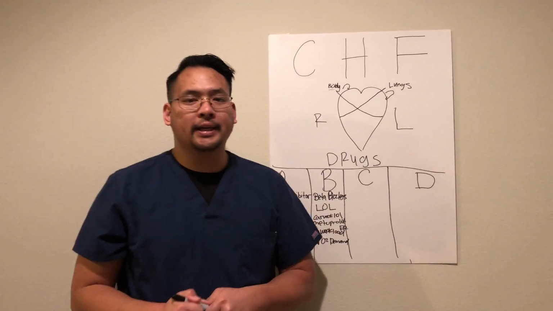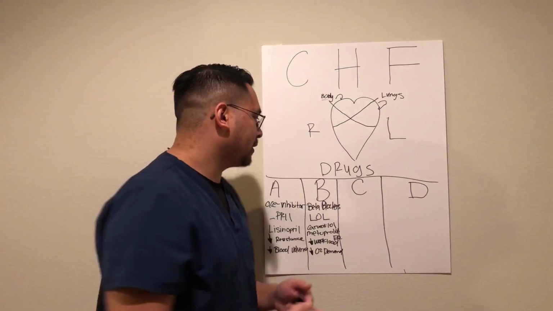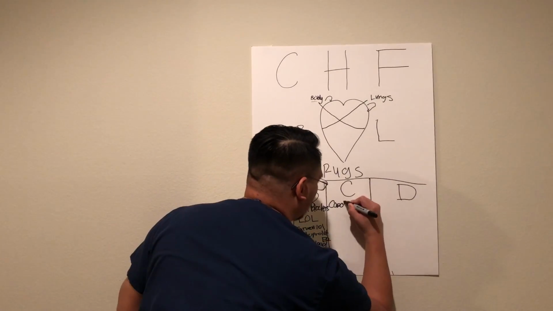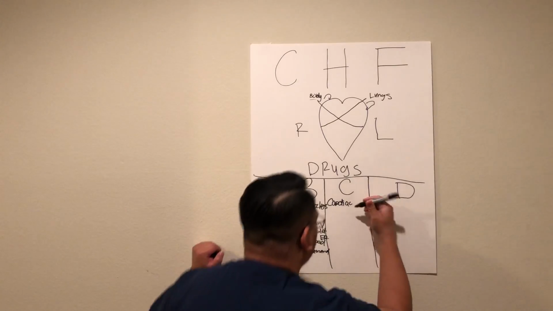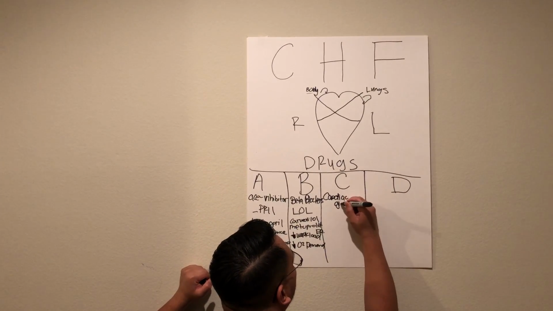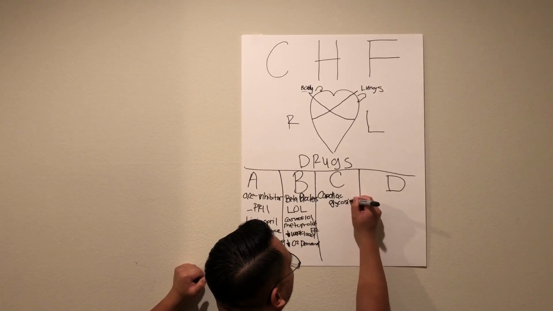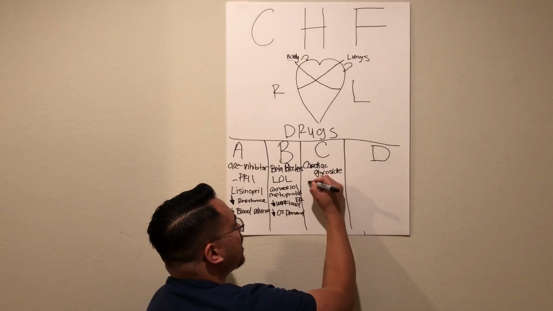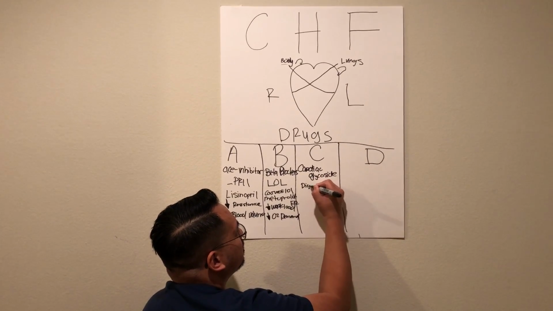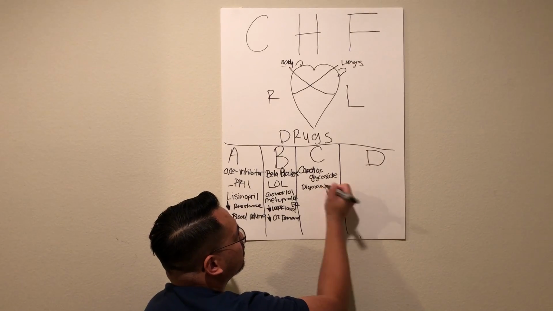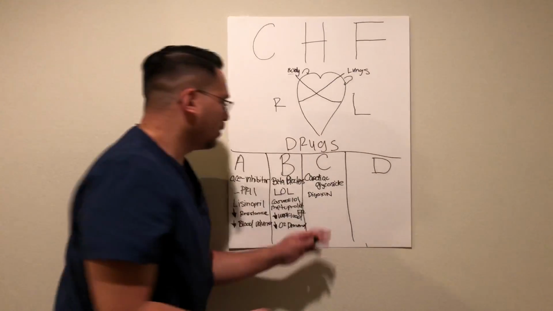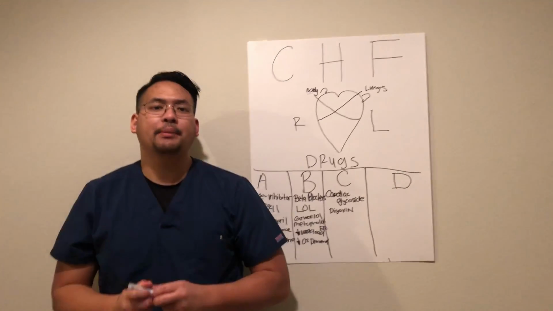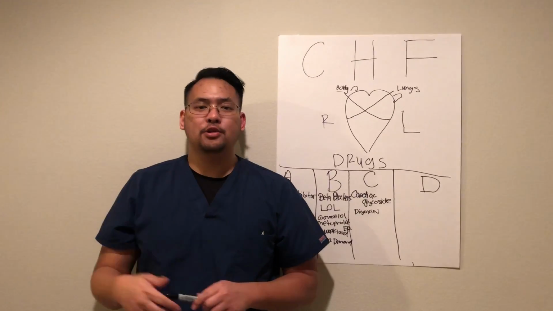C is cardiac glycosides. A common one that we use is digoxin. Okay. Digoxin. Cardiac glycosides, what it does is a positive inotrope.